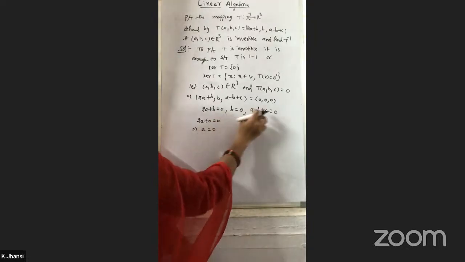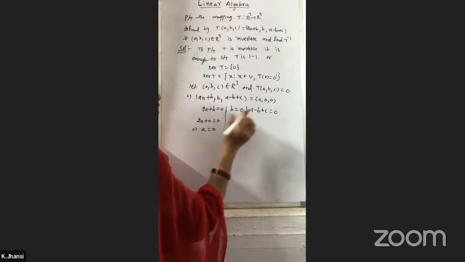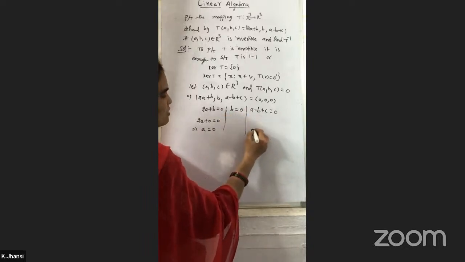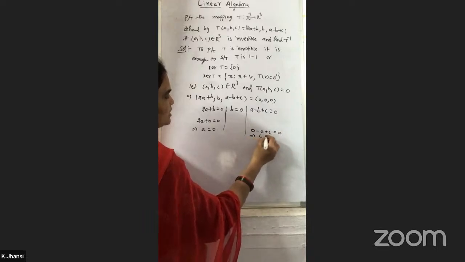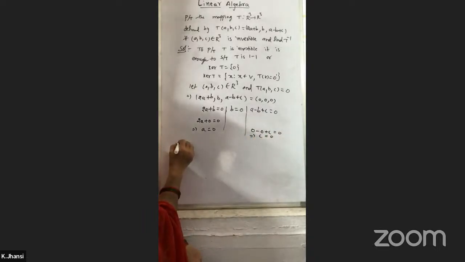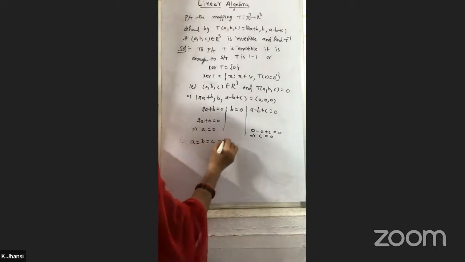So here we got b equals 0. Now a and b you substitute in the third one. Here a value is 0, b value is 0, plus c equals 0, so c equals 0. Therefore, a equals b equals c equals 0.